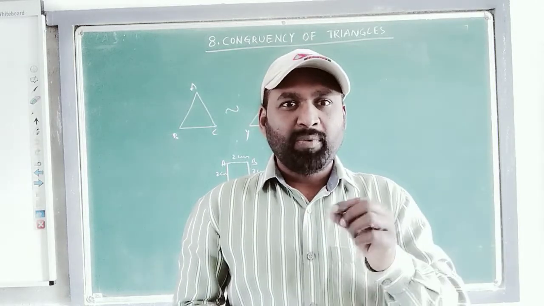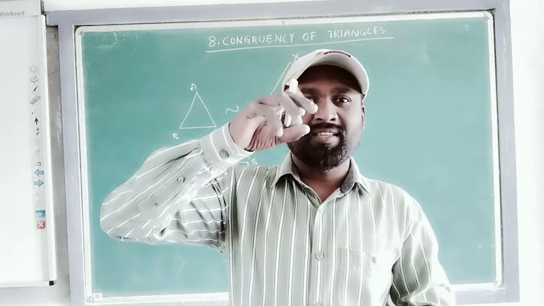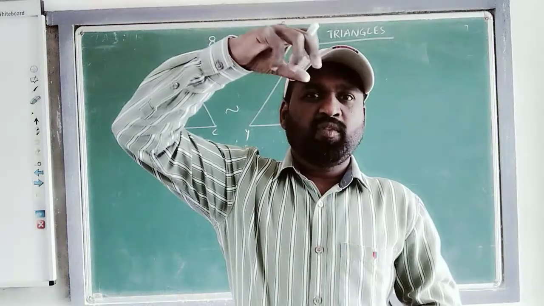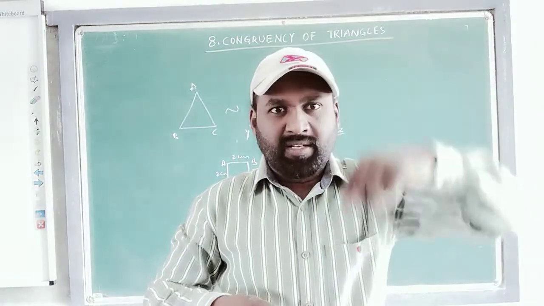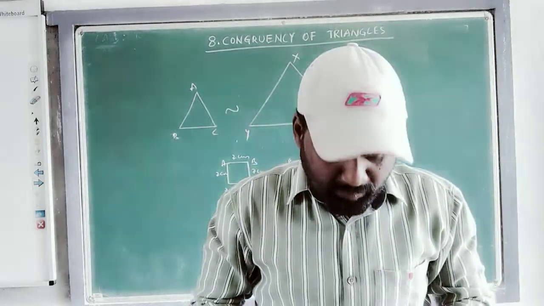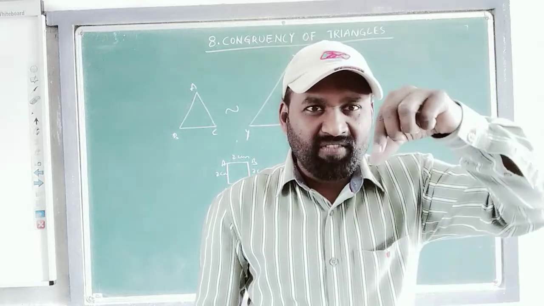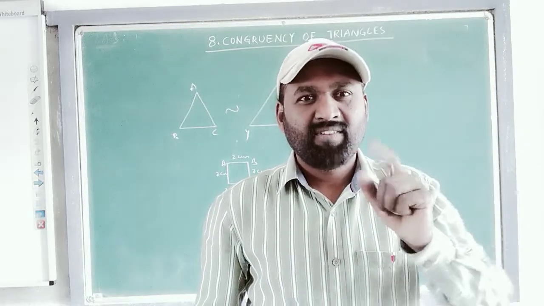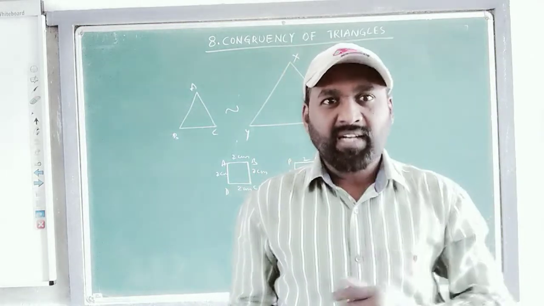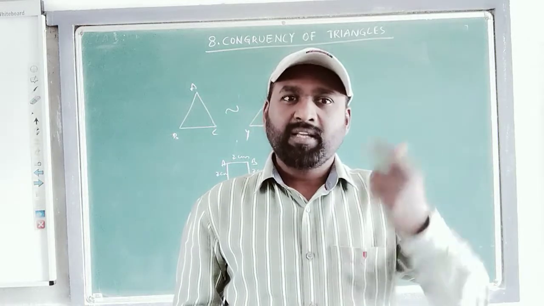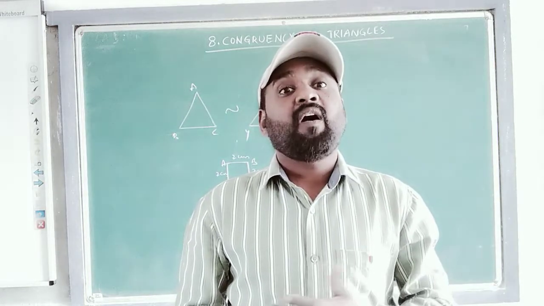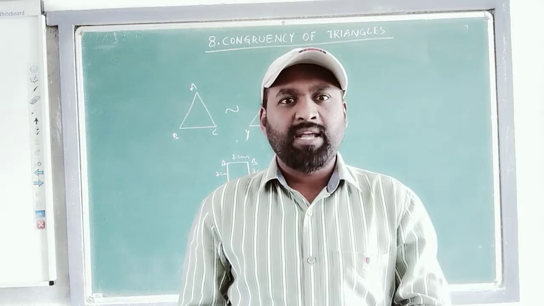For example, if you place 5 rupee coins one upon another, 3, 4 or 5, however many coins you place, if you look from the top, you cannot see how many coins are below. Only one coin is visible. So that kind of objects or figures are called congruent figures. Same size and same shape.